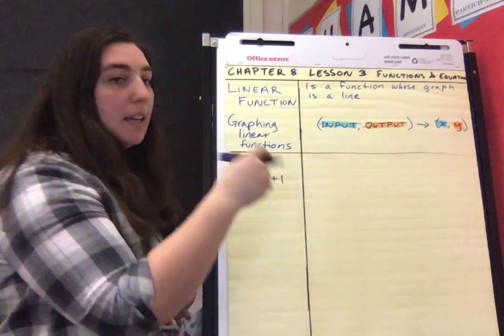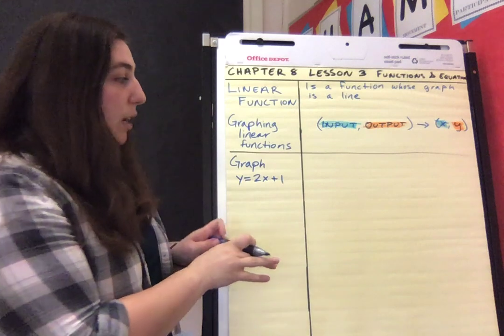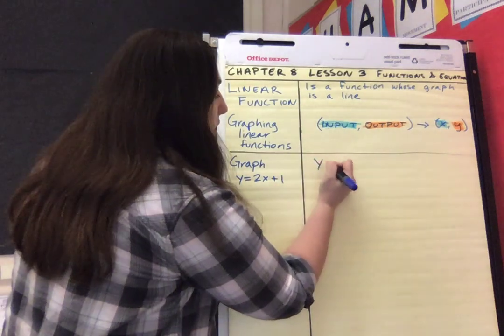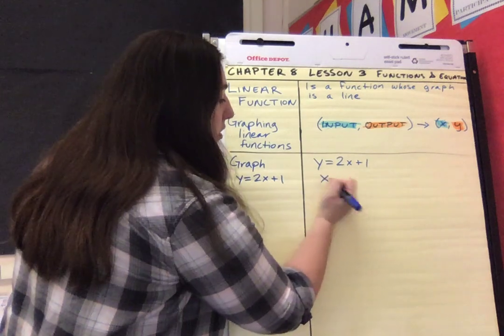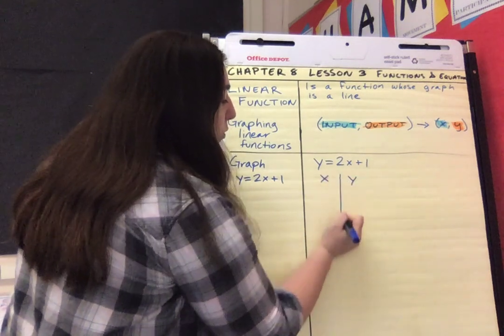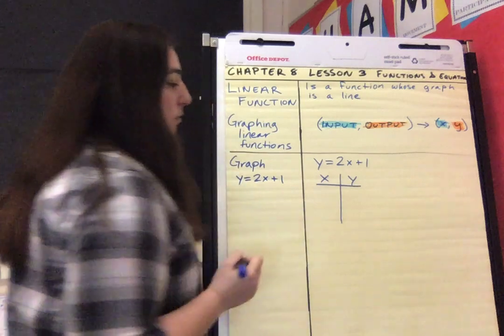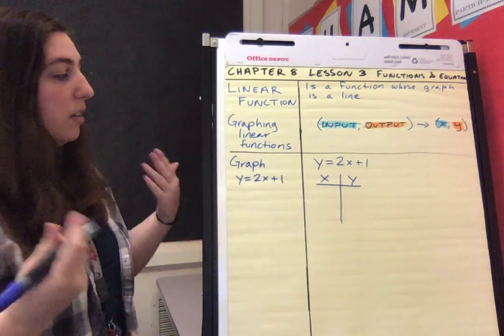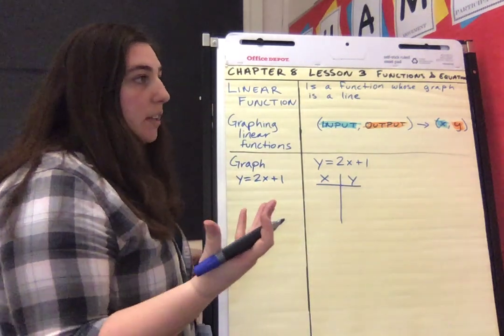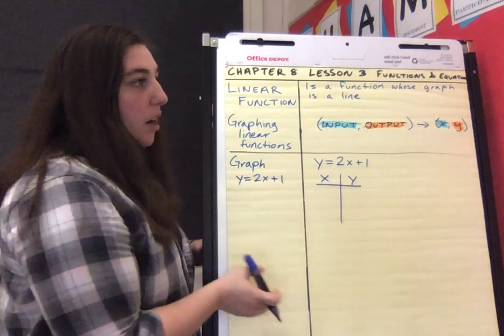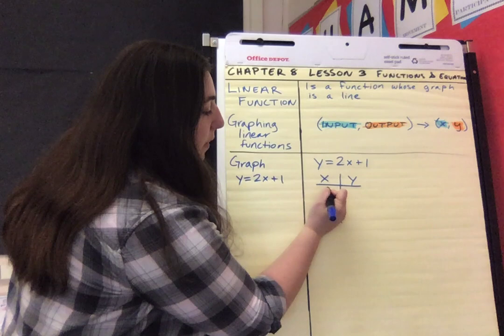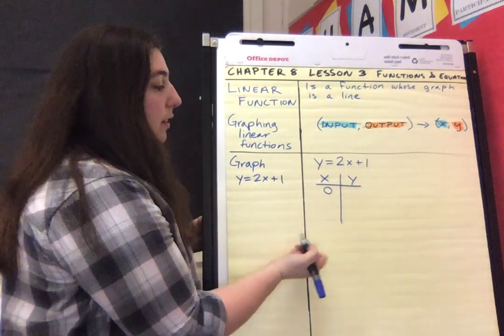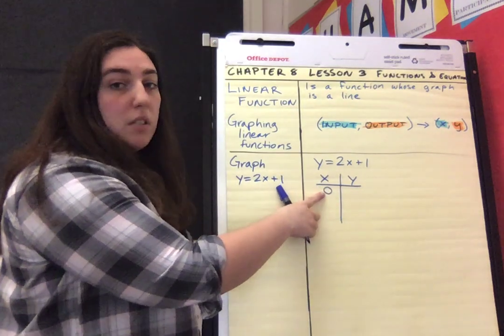Now we are going to make a table for our equation. Here's our equation again, y equals 2x plus 1. We have our x and y table. This one is a vertical x and y table. We're going to do one later on where it's horizontal. So let's start writing some of our x values. Let's say we had the x value of 0.